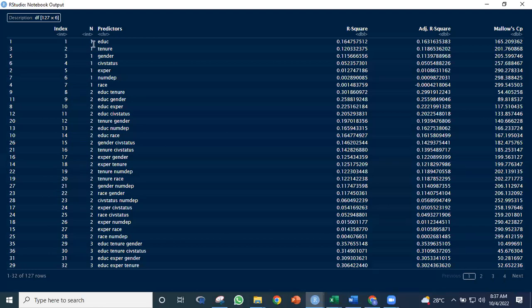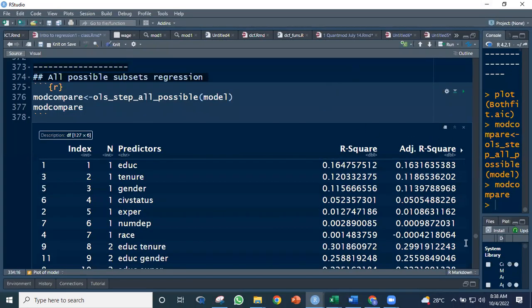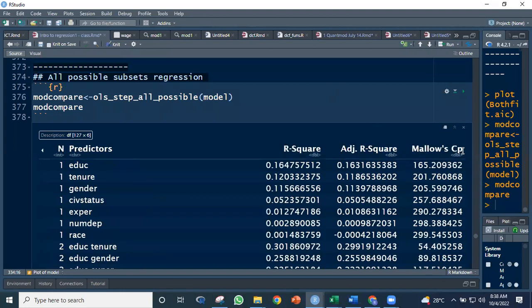Okay, and dito ibig sabihin ilang predictors. So kung isa lang, isang predictor lang, sino pinakamaganda? So we have R squared, adjusted R squared, and Mallow CP. Okay? So hanggang Mallow CP lang.